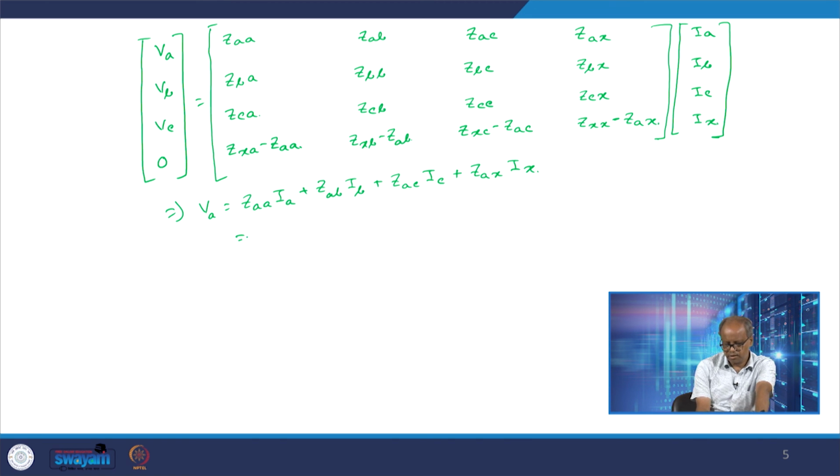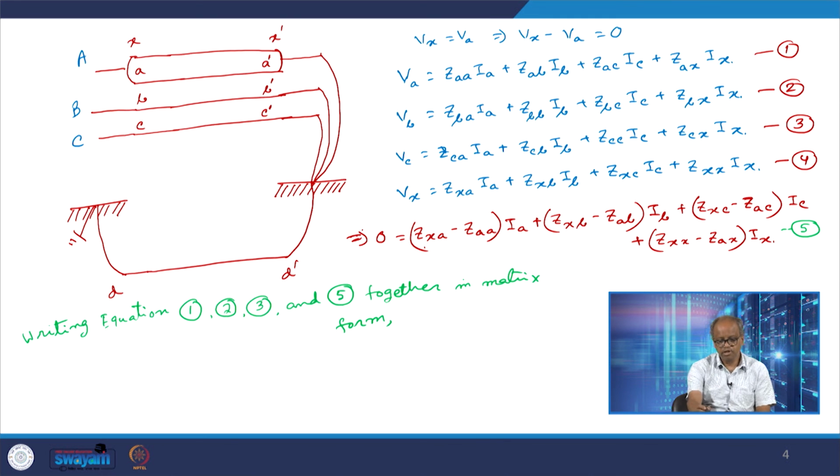Now that I can write down as ZAA into IA plus IX, because of this bundle conductor, the total current in phase A is IA plus IX.